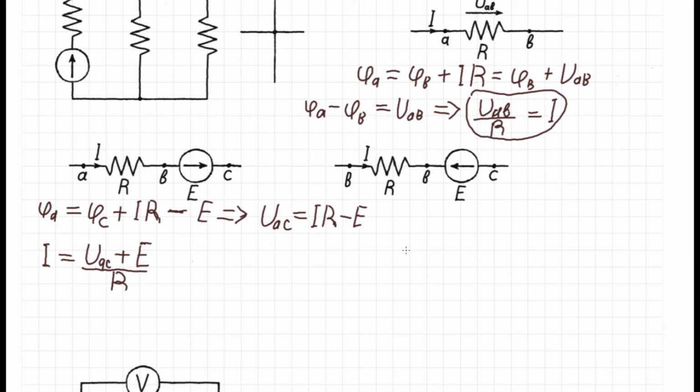Okay, and Ohm's law seems like UAC minus, or we must add this electromotive source's electrical field strength, and hence here we must subtract for Ohm's law for this segment the electromotive source's electrical field strength and divide by R here.